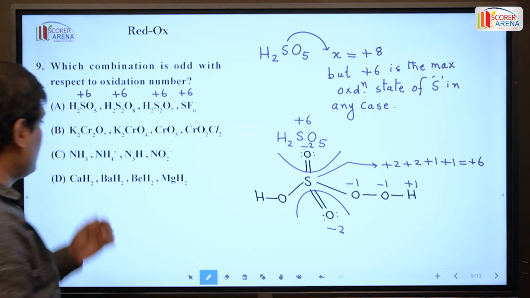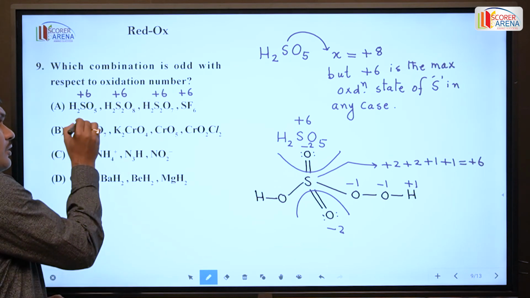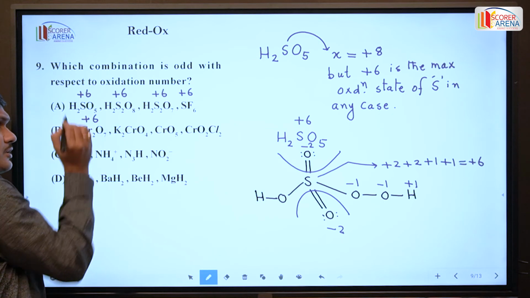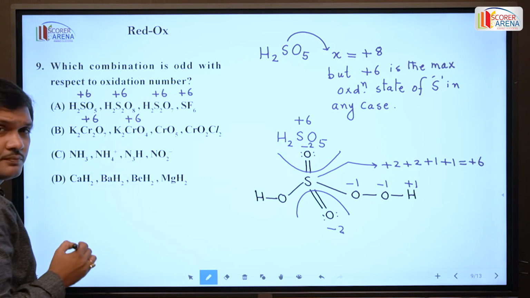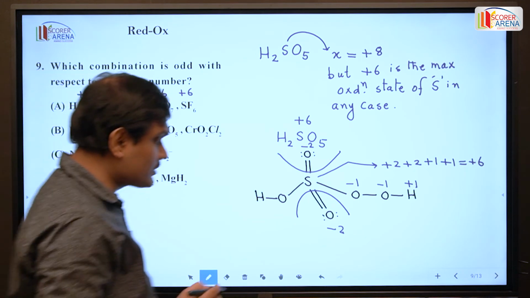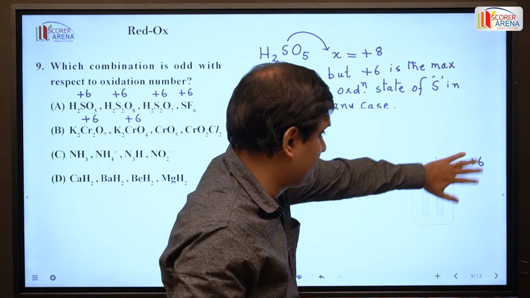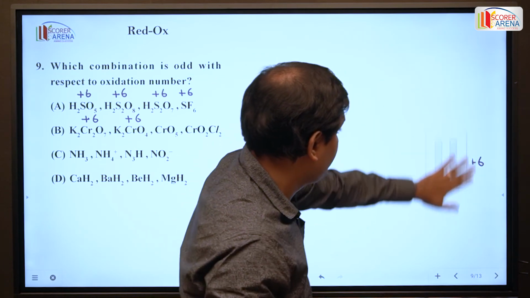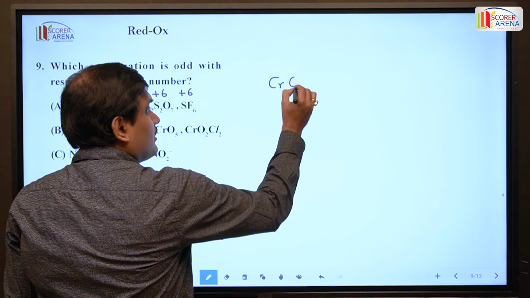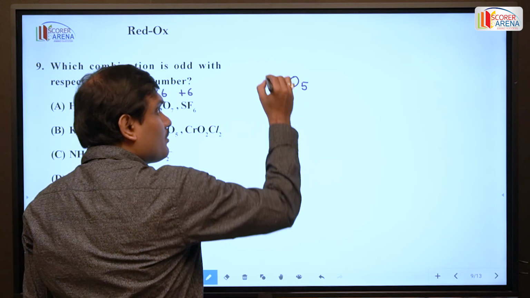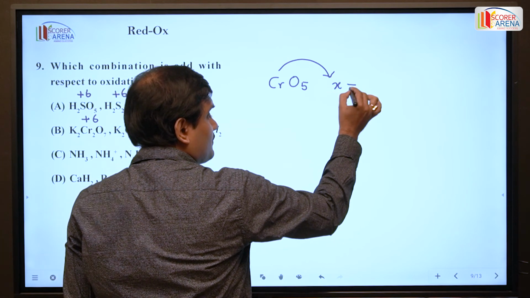Now if I deal with the next option B, chromium: K2Cr2O7. Here chromium is in the +6 oxidation state. Applying this method, K2CrO4 also has +6. And the case given here is definitely CrO5. In CrO5, if you calculate the oxidation state of chromium as x, you will get the value +10.